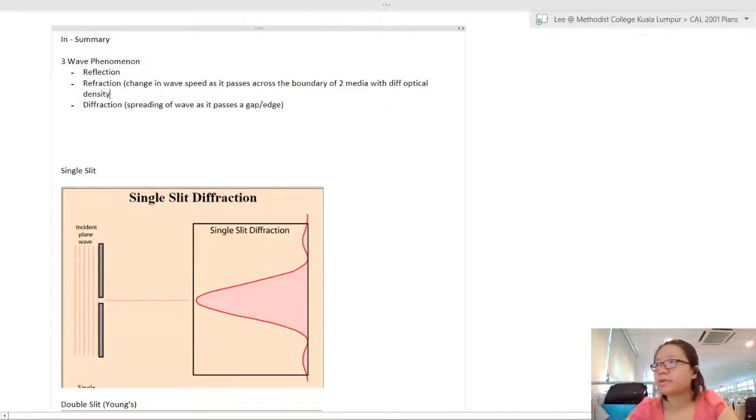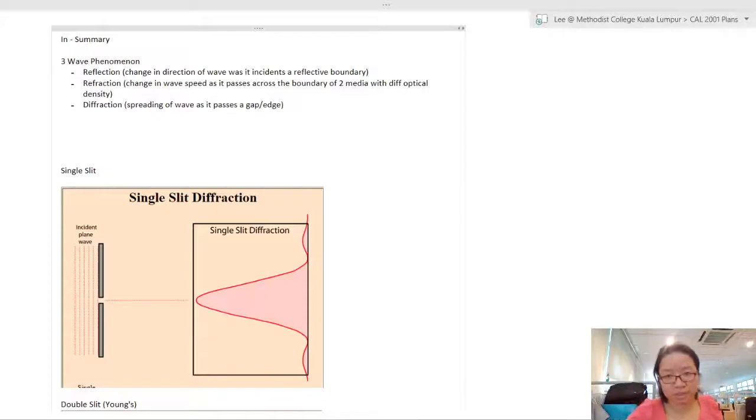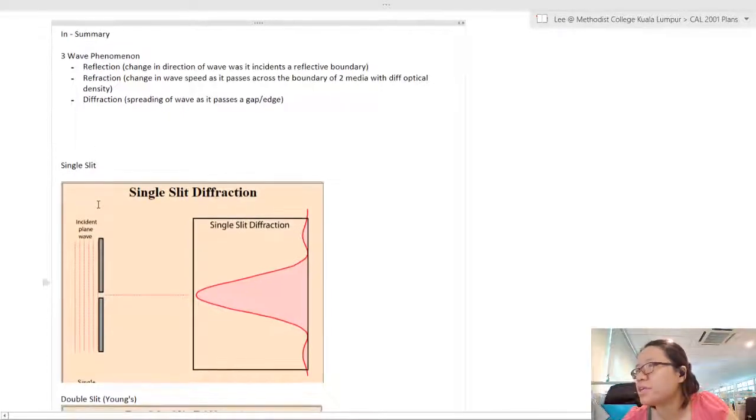Now reflection here is the change in direction. This happens a bit everywhere. As long as there's a boundary, there will be some form of reflection.